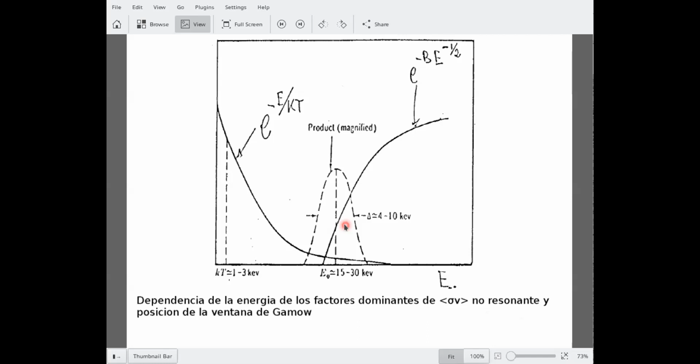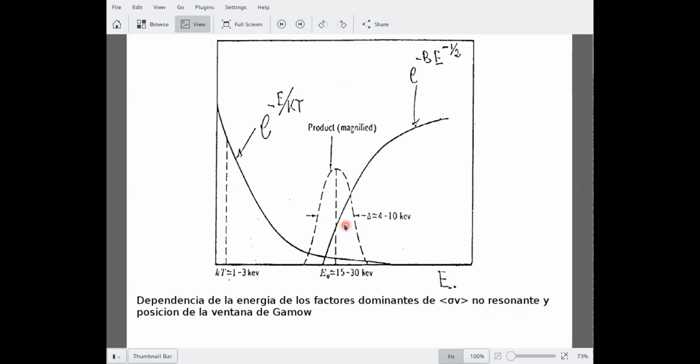One example is the fusion of two protons to make deuterium, the beginning of the proton-proton chain, which is definitely not a very probable reaction. Its mean life is, if I remember, 10 to the 10 years. So every 10 to the 10 years, a particle manages to have one reaction.